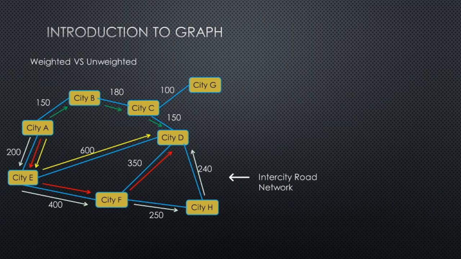Now, if I was treating all edges as equal, I would say that the green route through B and C and the red route through E and F are equally good. Both of these paths have 3 edges, and the route through E is best. We have only 2 edges in this path. But with different weights assigned to the connections, I need to add the weights of the edges in the path to calculate total cost.